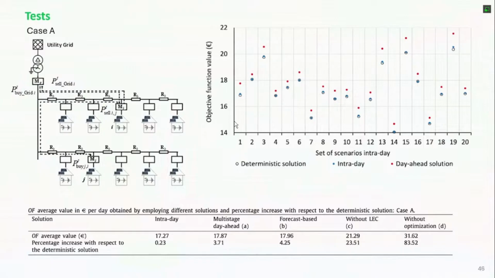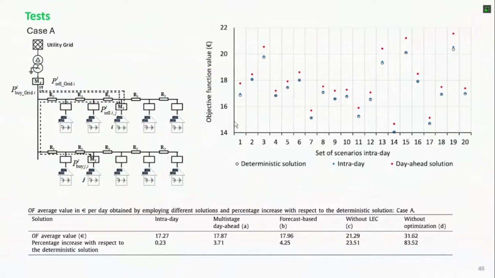In the red are the day-ahead solutions. For each scenario, we implement directly the decisions calculated in the day-ahead stochastic optimization. Since the scenarios are not exactly the same as those considered before, and also the centroids, we obtain this red solution. And then we calculated the intraday, and so you see that the costs are decreased.